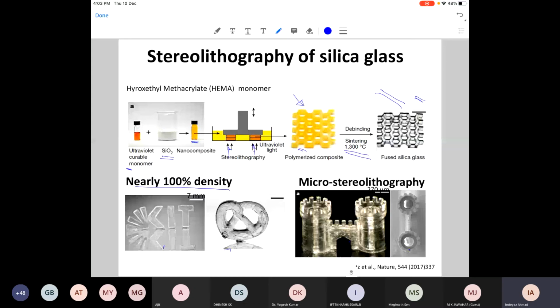So what they did was they took a silane or a mixture of silazanes and siloxanes, and they added the UV curable monomer and photo initiator. And in the bath of this resin bath, they inscribed the structure they wanted to produce.